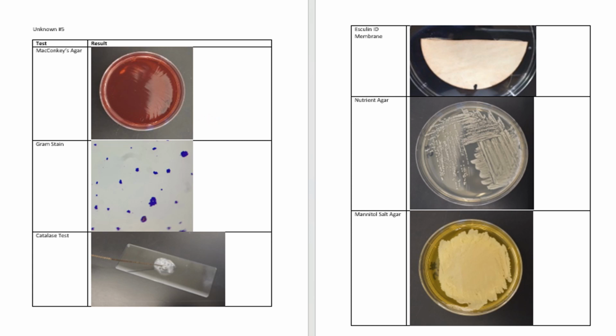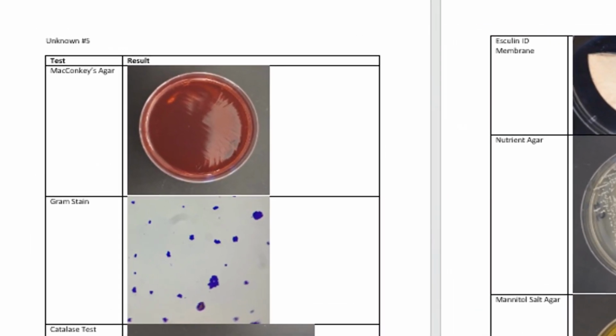With the file, if you pick unknown number 1, you're going to see images similar to this. The tests may or may not be different, or they may be a combination, depending on the unknown. But for unknown number 5, I get these results.